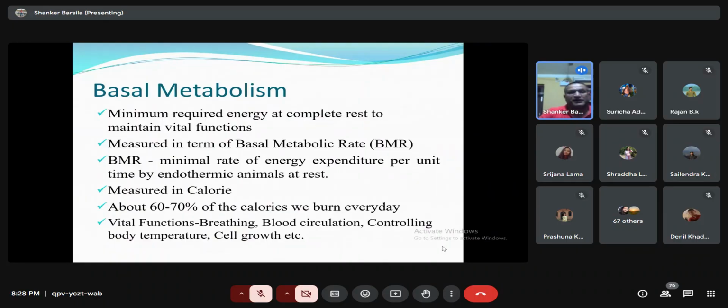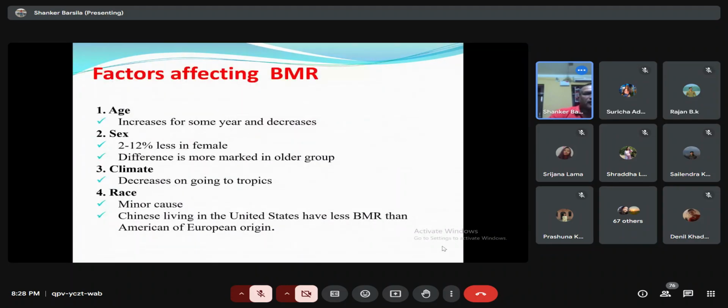The simple definition is the minimal rate of energy expenditure per unit time by endothermic animals at rest. We define it as BMR, and we use about 60 to 70% of the total calories we consume every day on it.